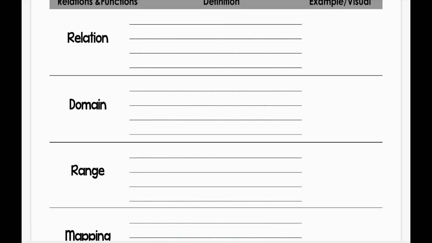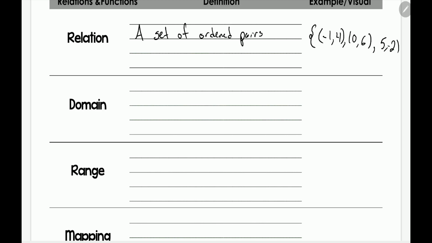This is relation. So relation, that just means a set of ordered pairs. So for example, we could have the set negative 1, comma 4, 0, comma 6, 5, comma negative 2, and that would be a set of ordered pairs. Okay?